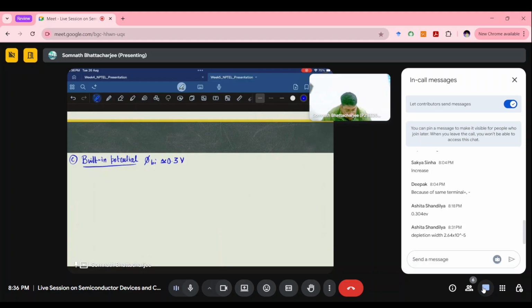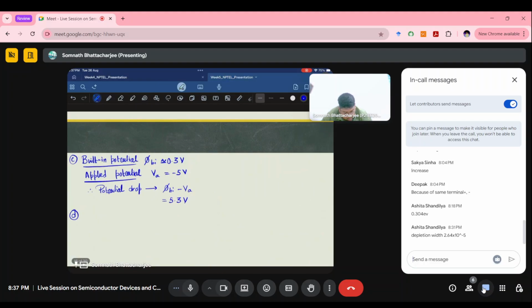And we also have the applied potential, that was VA, that was minus 5 volts. So the potential drop would be psi BI minus VA. So this would be 5.3 volts.